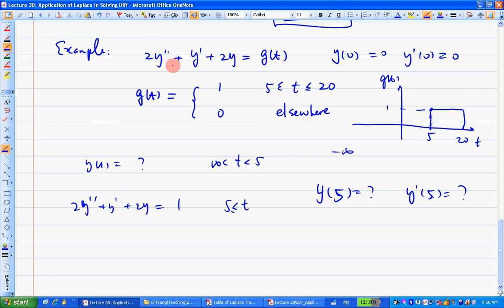Using Laplace meaning we're going to take Laplace transform of this differential equation. So this is what's going to happen here.